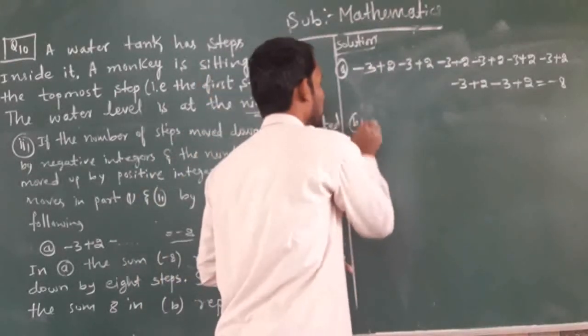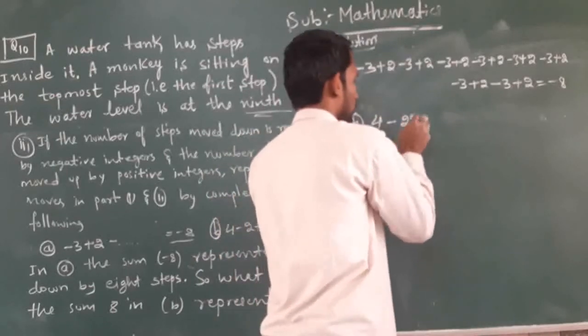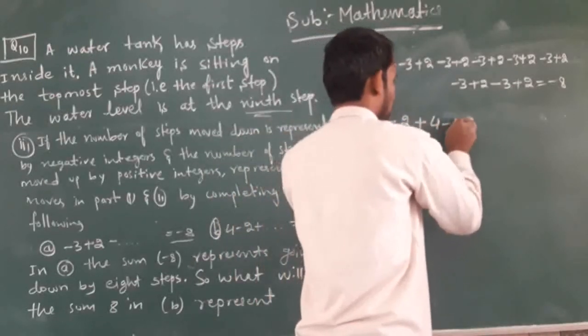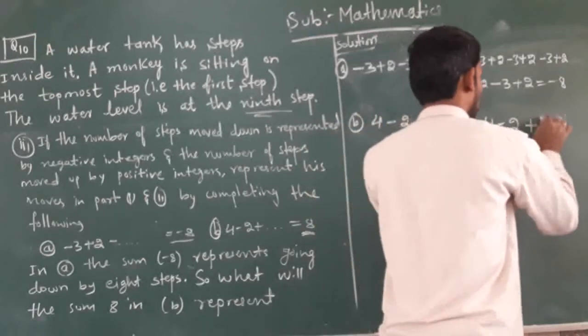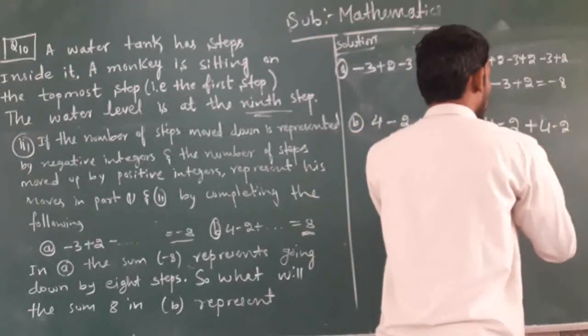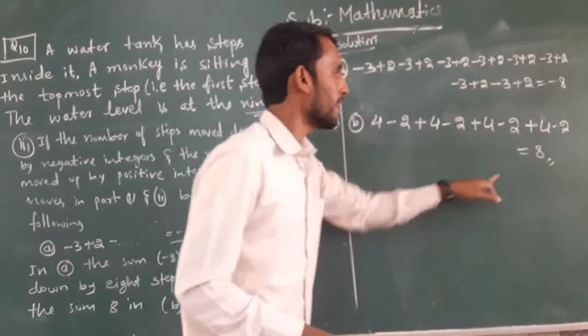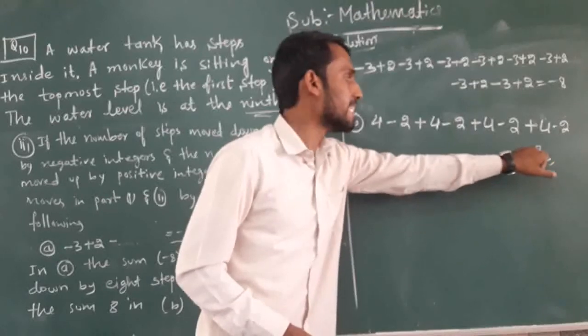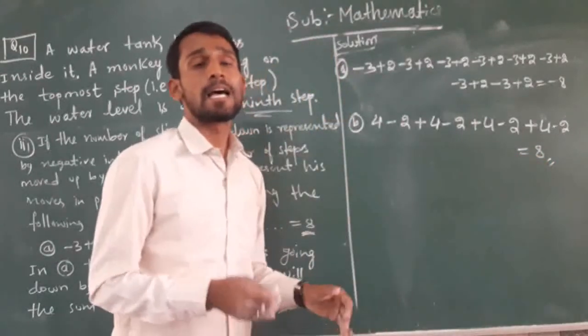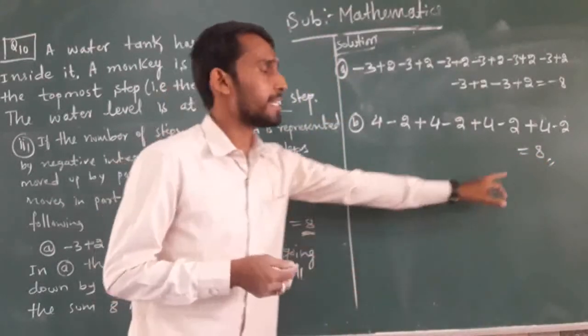In the B, see, total 8 steps. See, this second one, positive integer, this 8 representing that is moving upside 8 step.